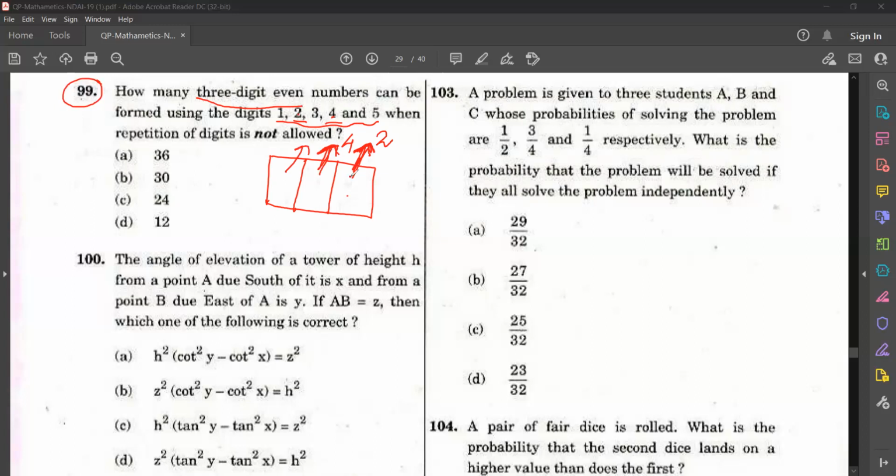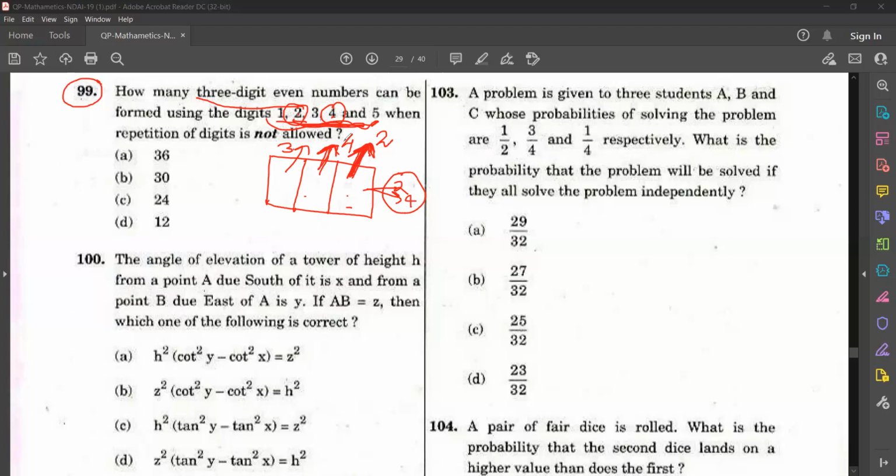Then from those, 2 have already occupied places, so 3 possibilities remain. Understood? If they are saying even number, you have to fix this place first. So here there are 2 possibilities, either 2 or 4. If one sat here, from the 5 we have 4 to sit here. Then with 2 places occupied, we have 3 numbers to sit here.